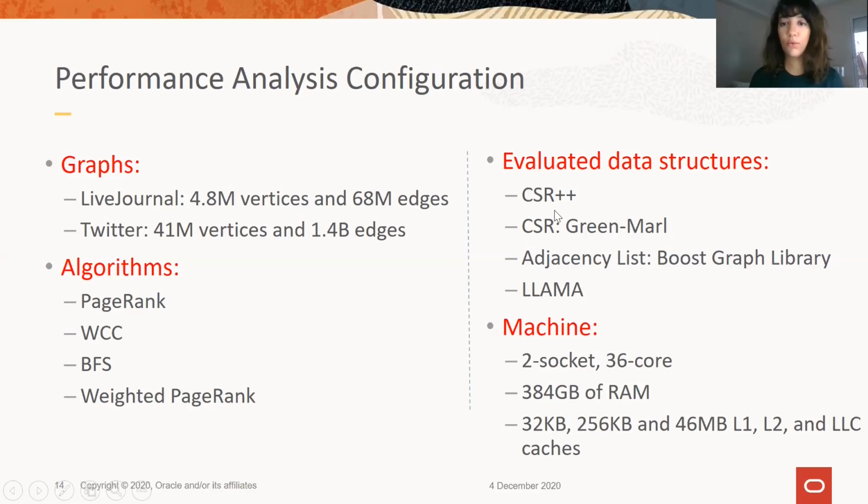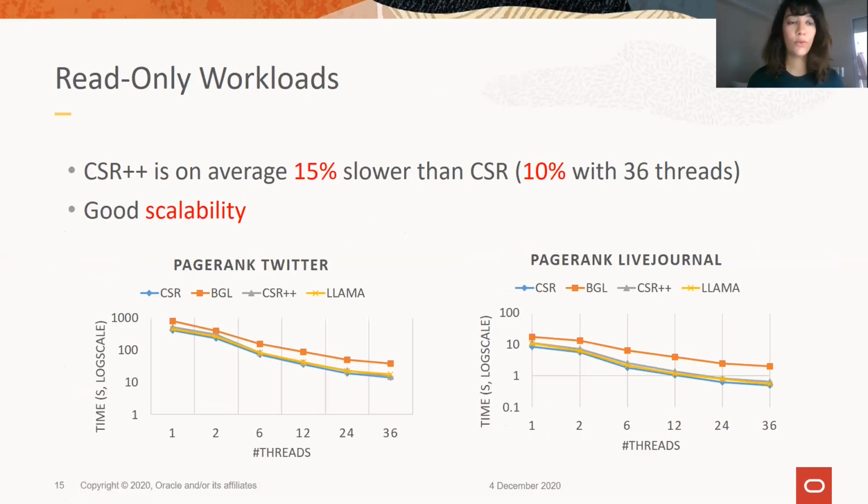For the evaluated data structures, we used the CSR implementation in Green-Marl, the adjacency list implementation from the Boost Graph library, and Llama, the open source code of Llama. For the machine, we used a 2-socket 36-core machine that has 384 gigabytes of RAM.